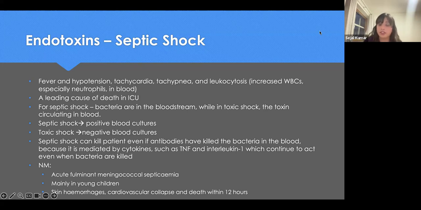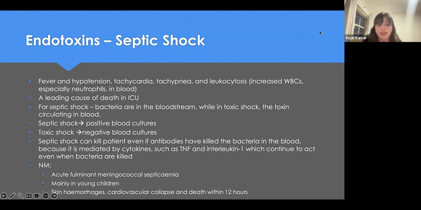And septic shock is a leading cause of death in the ICU. Septic shock and toxic shock are different, because in septic shock bacteria are in the bloodstream, whereas in toxic shock the toxin is circulating. So toxic shock is another type of shock. Septic shock has positive blood cultures because the bacteria are in the bloodstream, whereas toxic shock has negative blood cultures.